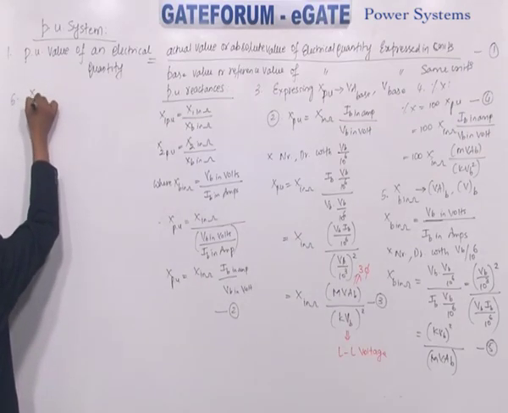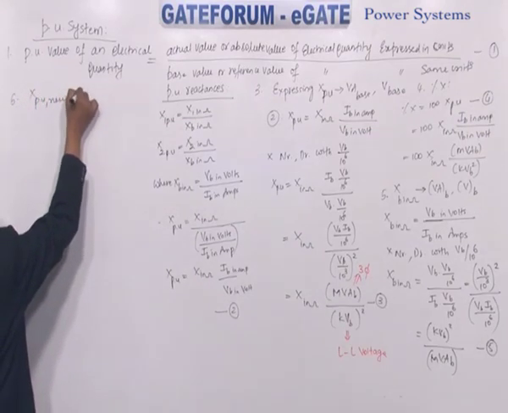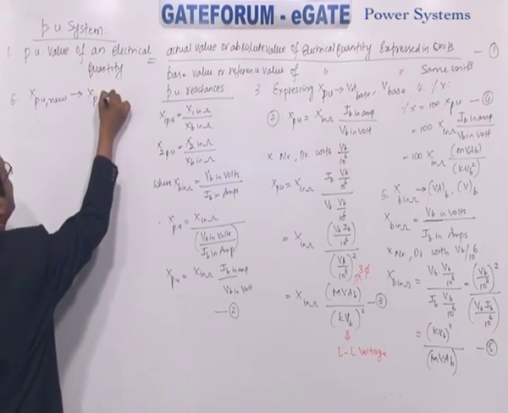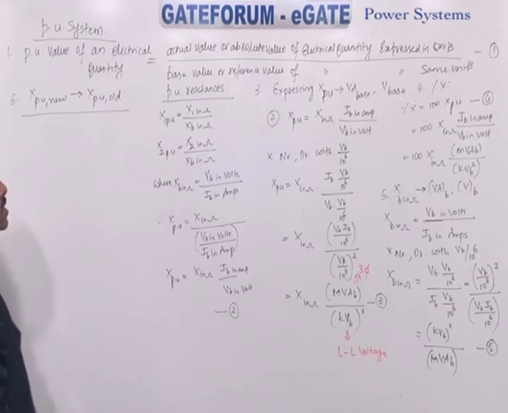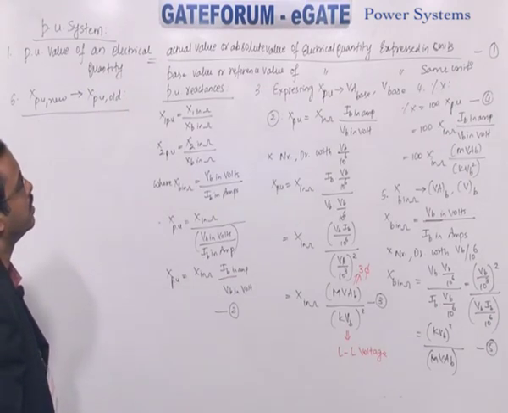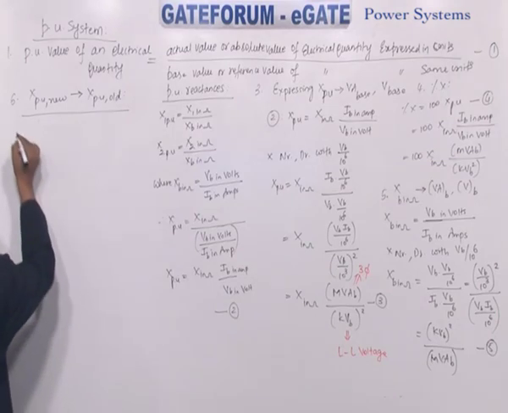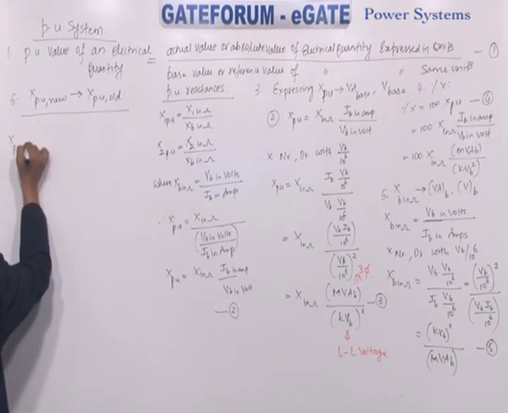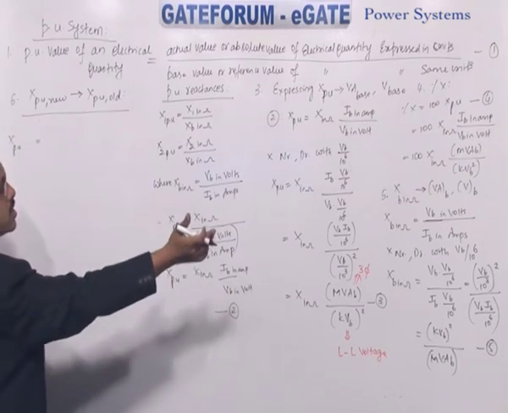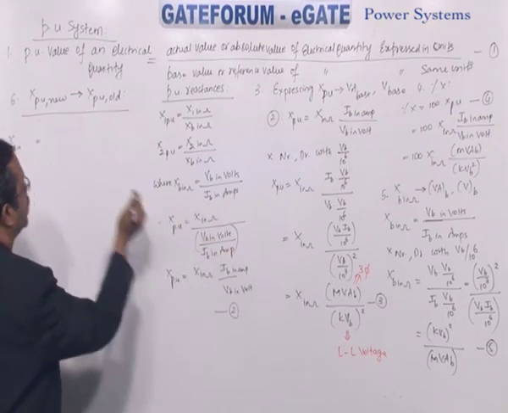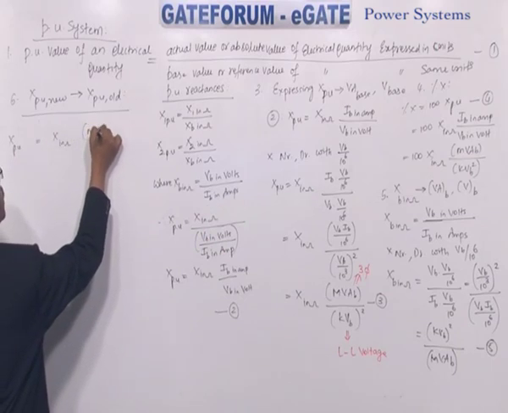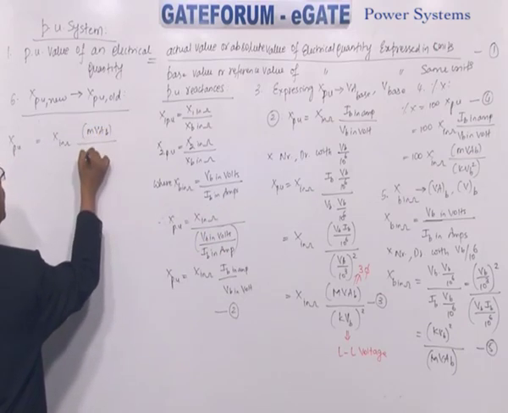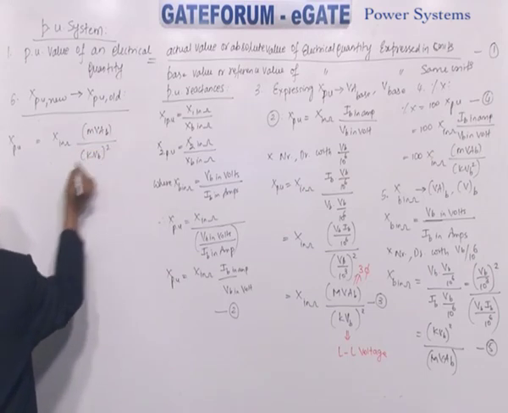So the sixth one is new per unit reactance in terms of old per unit reactance. So how to write what is X per unit? Use that equation 3: the reactance in ohms multiplied with the base MVA by kV square.